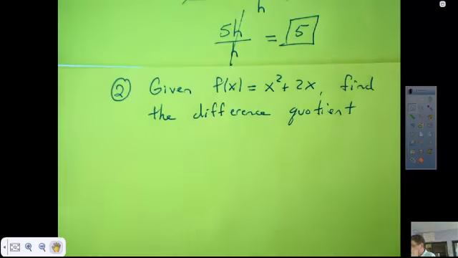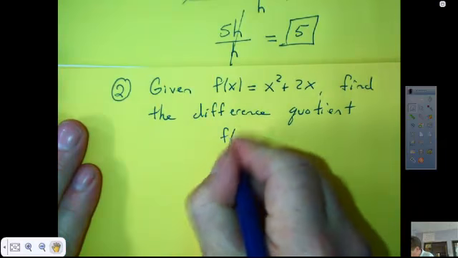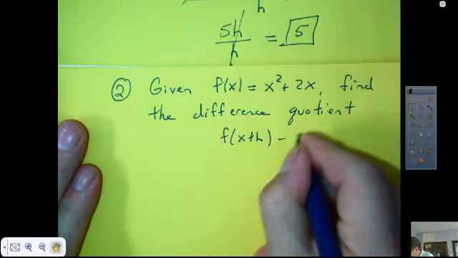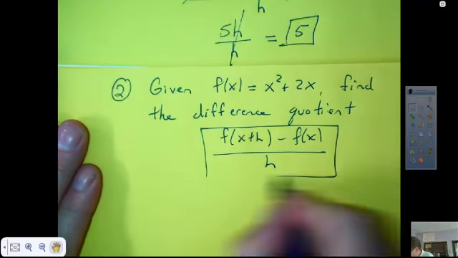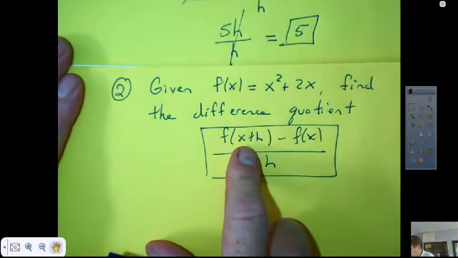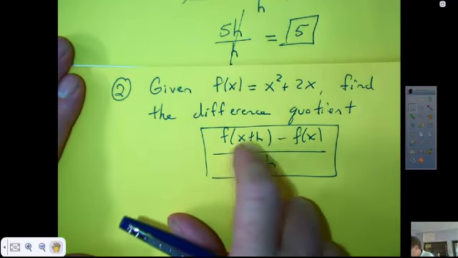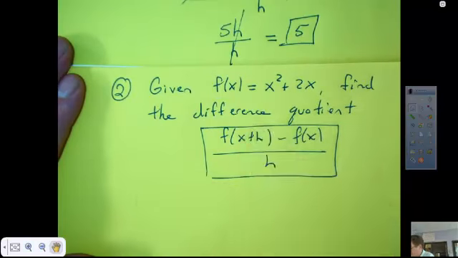Okay, same thing. Let's remind ourselves, the difference quotient is f of x plus h minus f of x, over h. This is what I'm trying to find. To find f of x plus h, what goes into the x's? In each x, I put in x plus h.